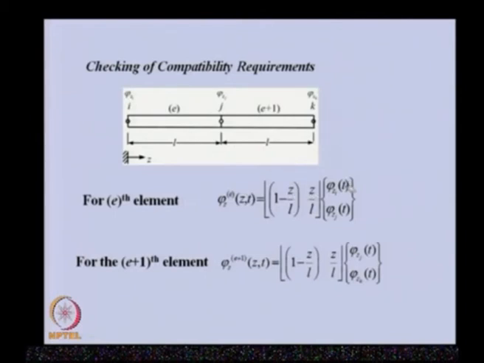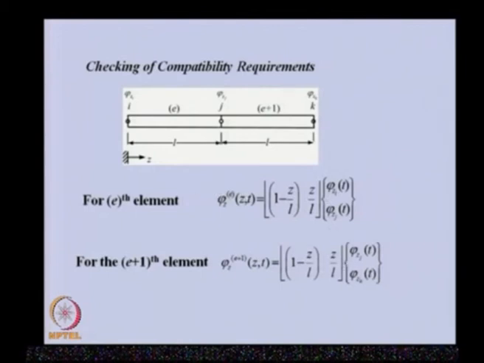Here you can see they correspond to the node I and J field variable. Similarly, for element E plus 1, this is the field variable for E plus 1, the shape function remains the same, and here the field variables at the nodes will be J and K. So, using these two we can predict.